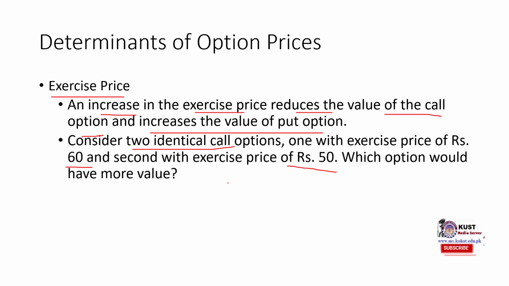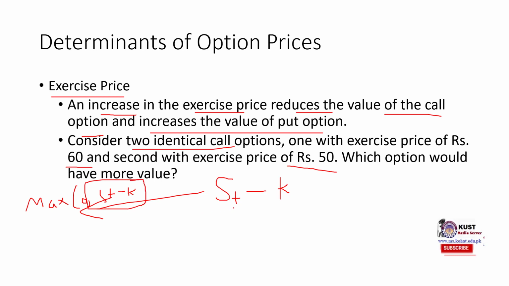To find the value, the formula is ST minus K. Basically, if you remember the formula of a long call, it was the maximum of 0, ST minus K. This portion gives us the value of the call option.